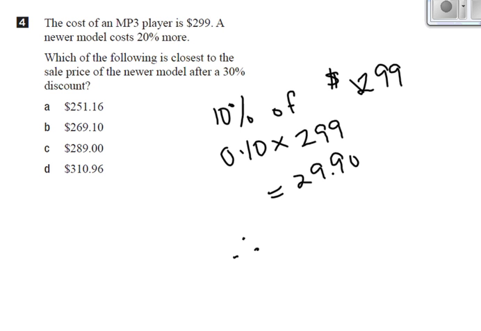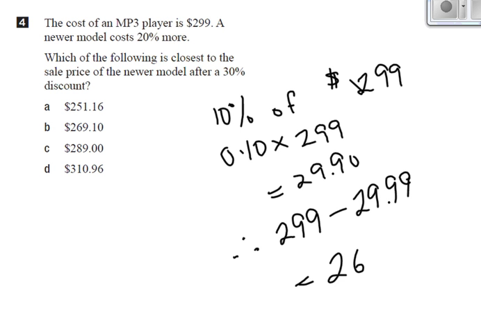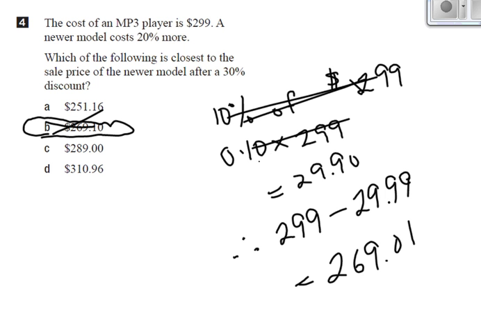And therefore, if I subtract them, because I'd be down 10%, I would get 299 minus 29.90, $269.01. Now, that's not the right answer, but you'll notice they're trying to trick you into thinking you did it right. So do not do these shortcuts.